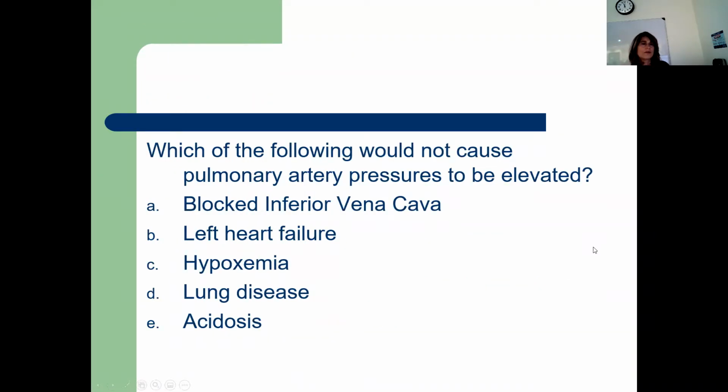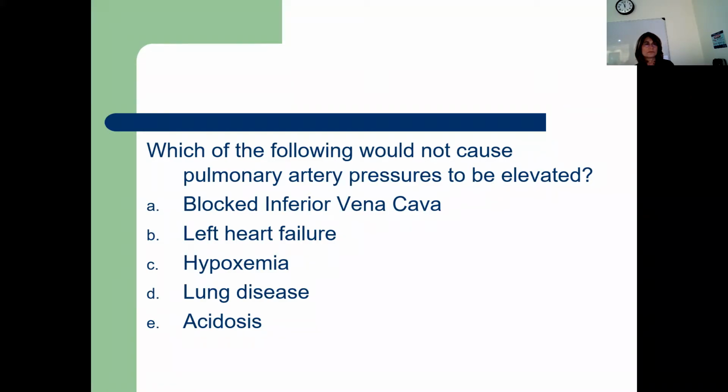Taylor, which of the following would not cause pulmonary artery pressures to be elevated? What if the inferior vena cava becomes blocked? So if it's blocked, you're going to have less blood flowing back to the right heart. Is it A?